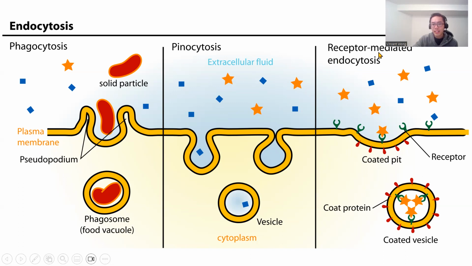And for receptor-mediated endocytosis, you must first bind to a special receptor. And the receptor will cause the cell membrane to kind of fall into this vesicle and bring it in. Okay, so all of these are endocytosis. All of these are about bringing things into the cell. But what you bring in and how you bring it in is what distinguishes them.